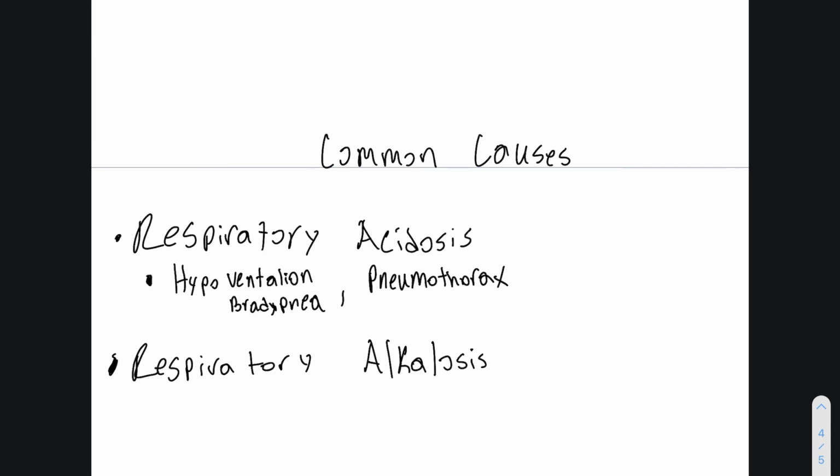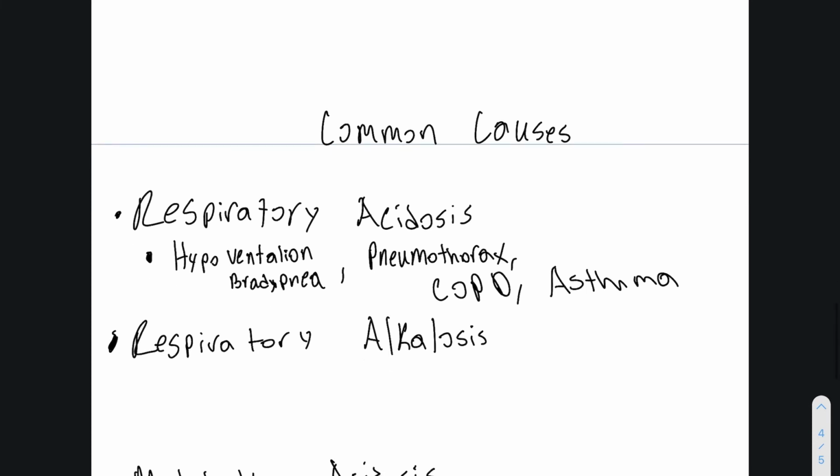So you're going to hold on to that CO2, which is going to cause acidosis. So basically any cause, COPD, right? Asthma and asthma exacerbation. Anything that would cause you to hold on to CO2 would be a cause of respiratory acidosis.